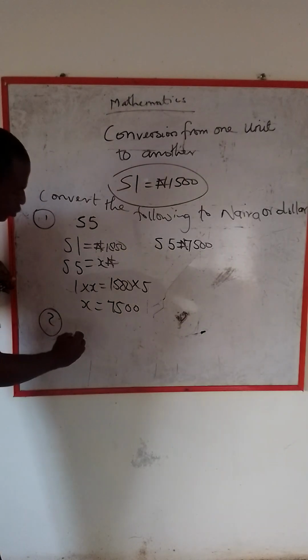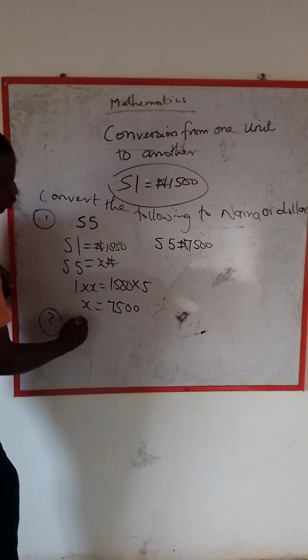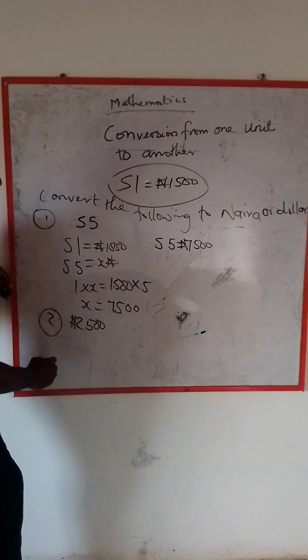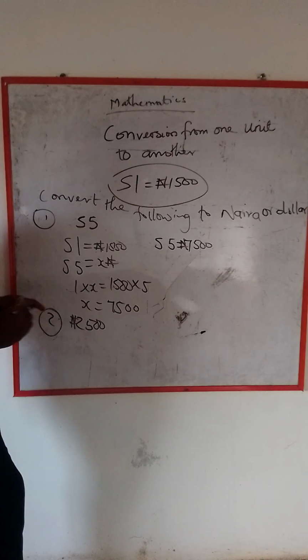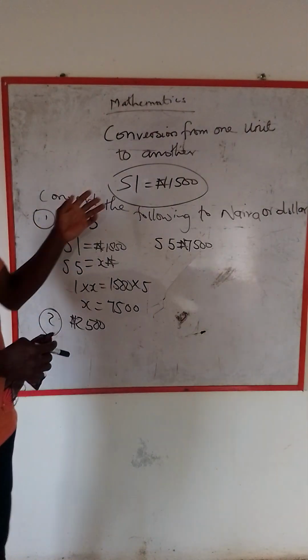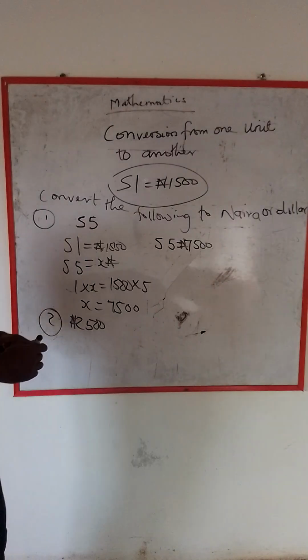You will now see that, for example, we have convert, let me say 2,500 naira to dollars. From our relationship here, you must first of all know the relationship, like I said earlier. We made it very clear that $1 is equal to 1,500 naira.